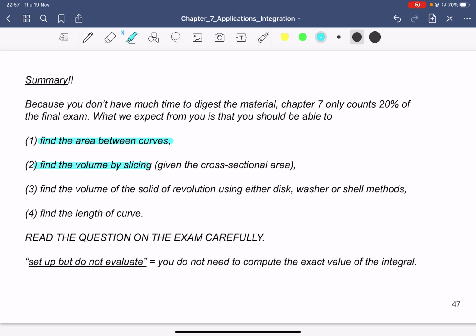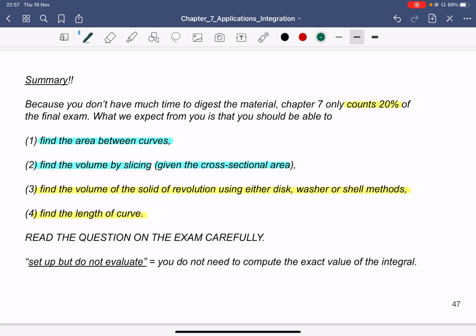That means we will give you information about the cross section, for example, cut perpendicular to the x-axis, and the shape of the cross section, and your task is to find the volume. Then we learned how to find the volume of a solid of rotation using the washer method or shell method, and the last one is finding the length of a curve.